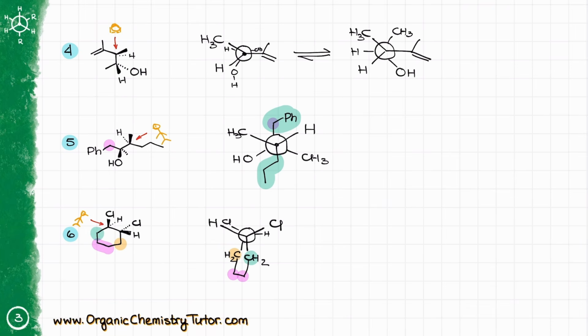If I wanted to make it a little bit more stable, if I didn't want to keep it in the eclipsed form like that, I would rotate either the front or the back atom by 60 degrees. So if I keep my front atom just as is, I will redraw it. I have hydrogen here, I've got my chlorine, I've got my CH2, and then I have my back atom.